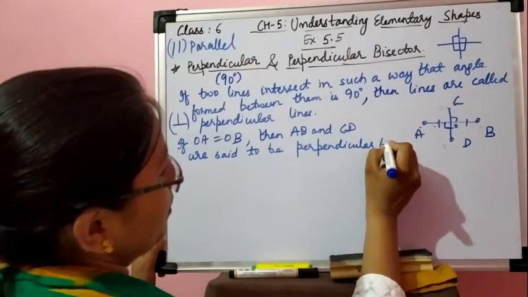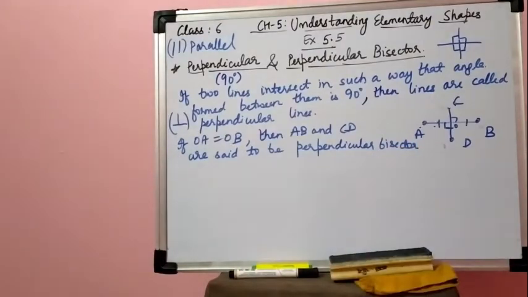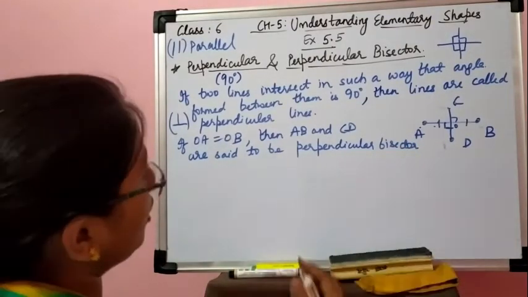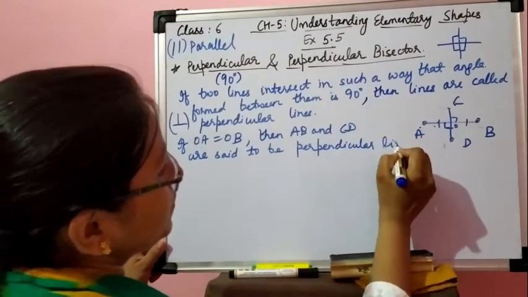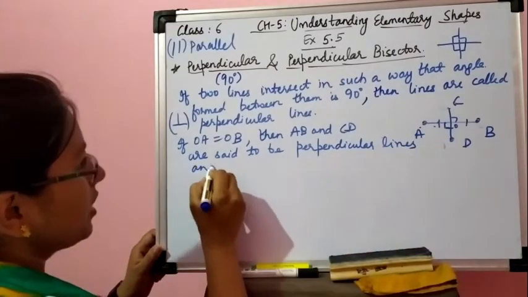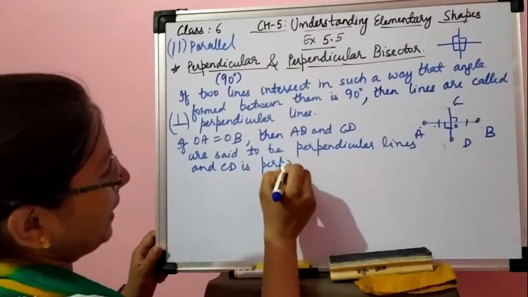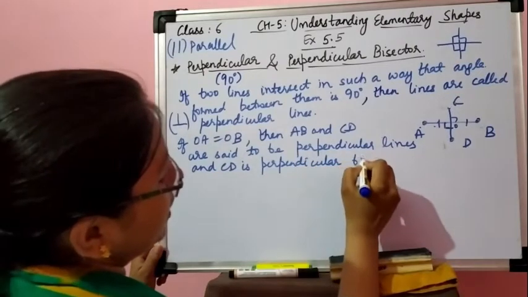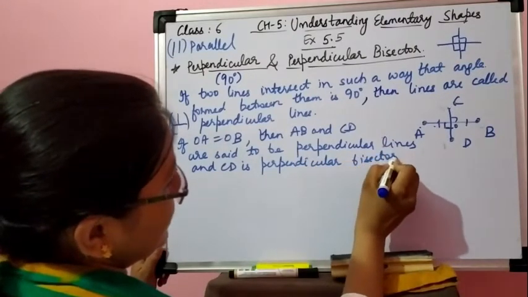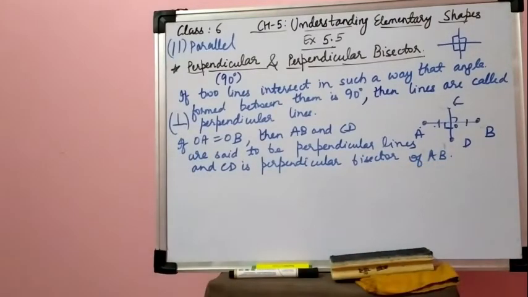Or we can say CD is perpendicular bisector of AB. AB and CD are perpendicular lines, and CD is perpendicular bisector of AB. So we can define it in this way.